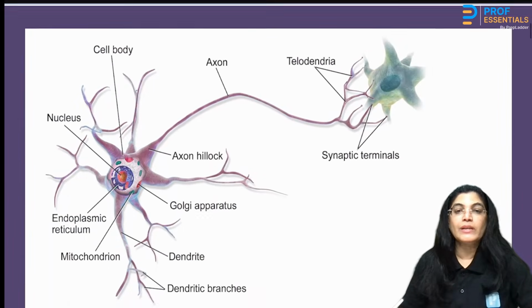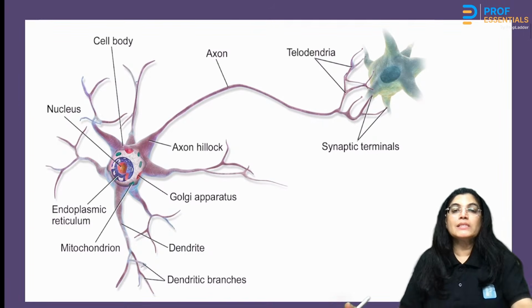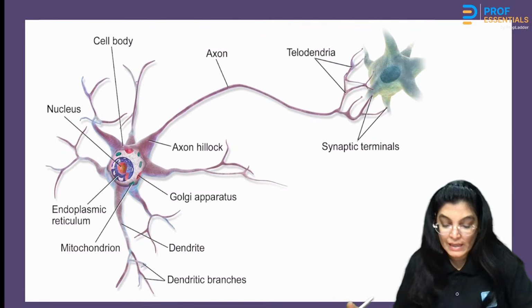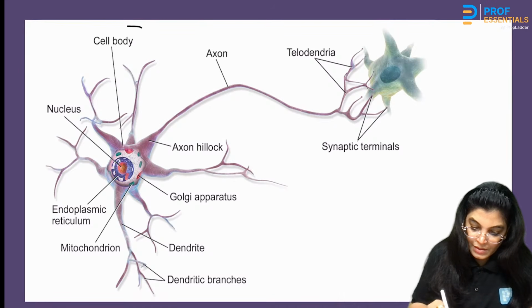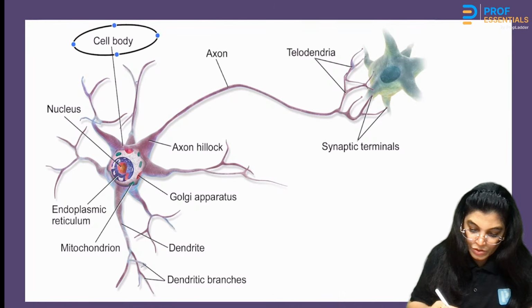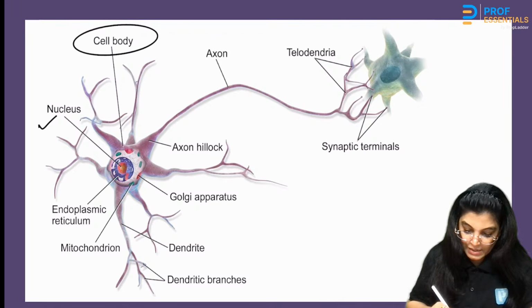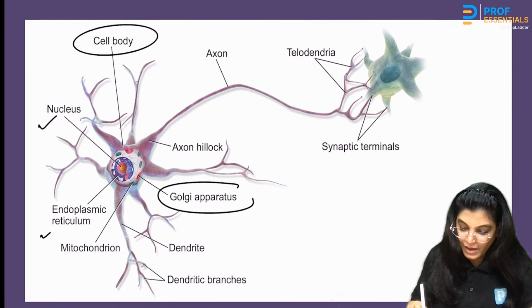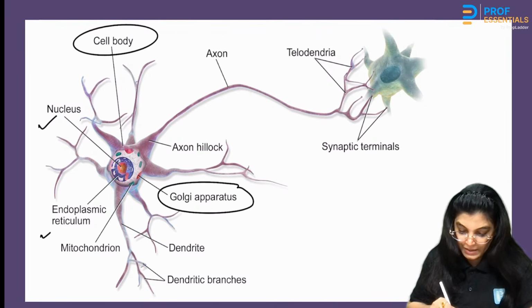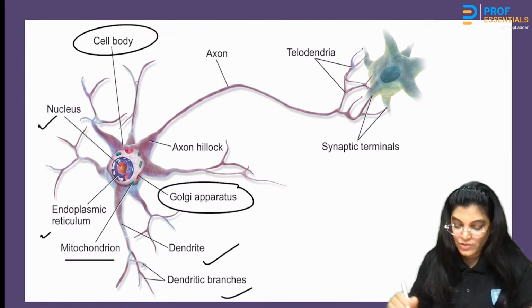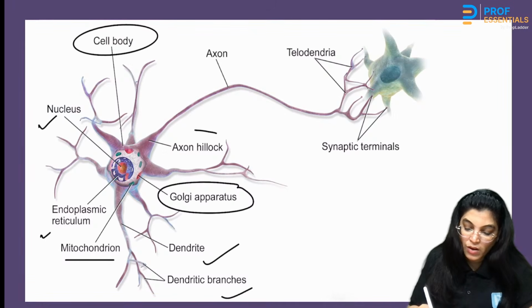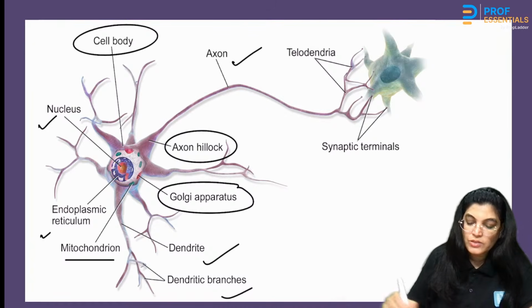Once more, I would like to show you this image. This is an image where you can see the cell body of the neuron. You can see the nucleus location. You can see rough endoplasmic reticulum, Golgi apparatus residing inside, the mitochondria, the dendritic branch, dendritic tree, axon hillock, and the axon.